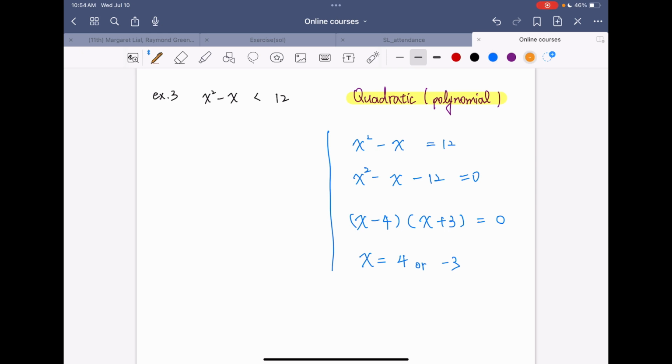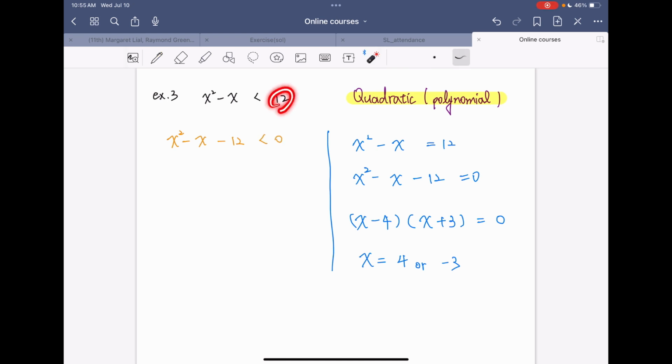Let's use a different color, and then we start. First we move the 12 to the left, and since we are doing subtraction and addition, we don't have to change the direction of the inequality sign. So first, x squared minus x minus 12 is less than 0.